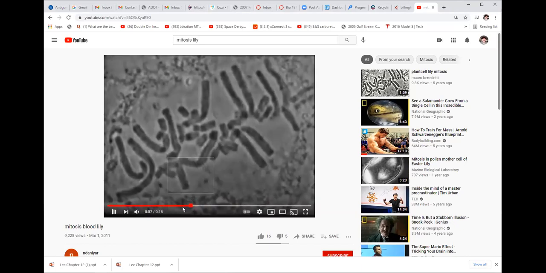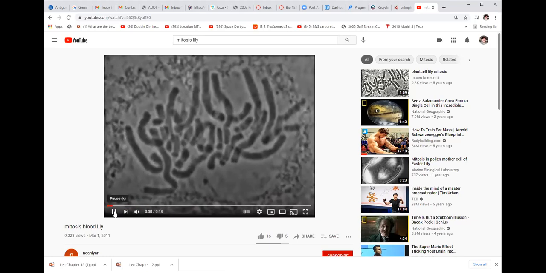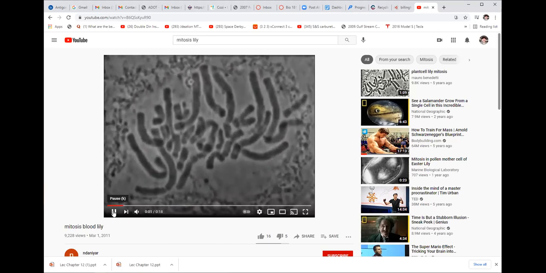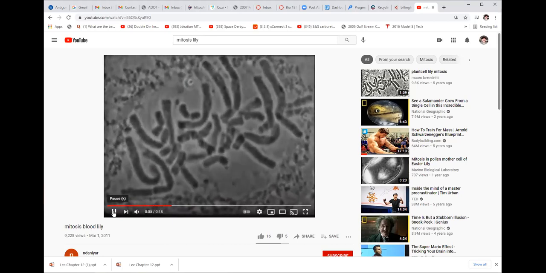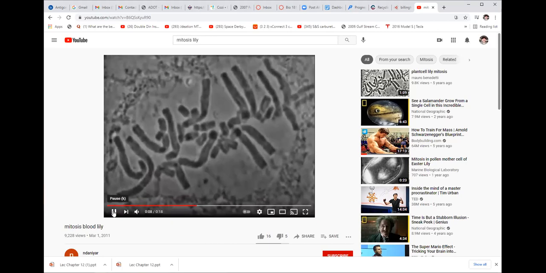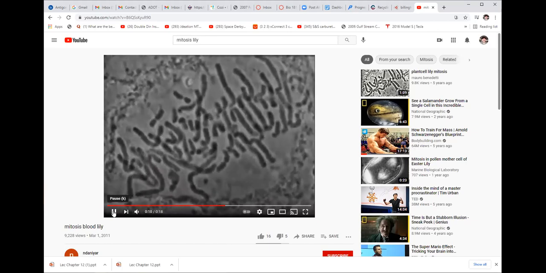Well, that's pretty fast. Yeah, it's kind of hard to tell. If you wrote prophase on the test, I would give you credit for that because you can't really see the well-defined nucleus. So prophase, prometaphase, and then a lot of pushing and pulling to get it in the middle. And that's the metaphase. You can kind of see it right here. And then anaphase.